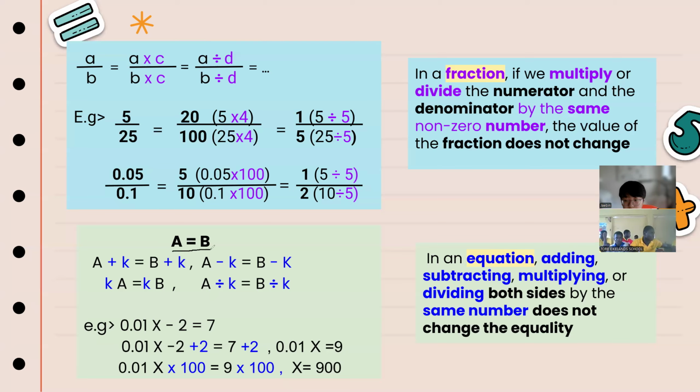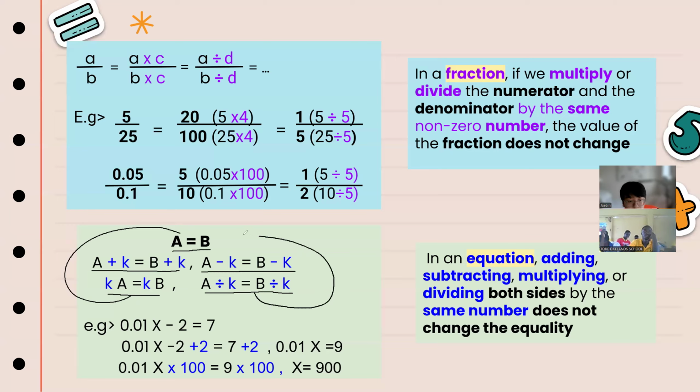So if we have A equals B, that's the same as A plus K equals B plus K. Same by subtracting K, same by multiplying by K. So KA equals KB, that's the same equality as A equals B. Similarly, A divided by K equals B divided by K is the same equality as A equals B.